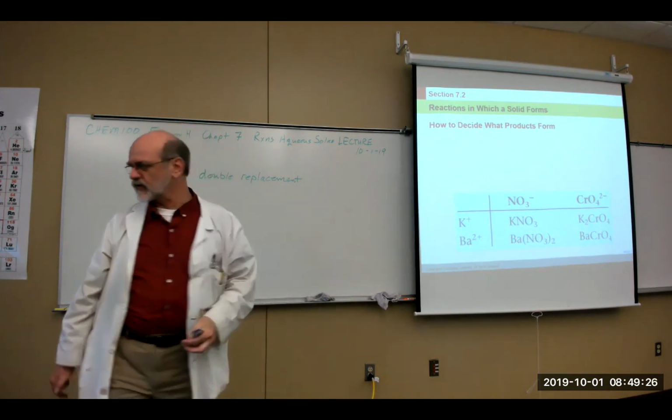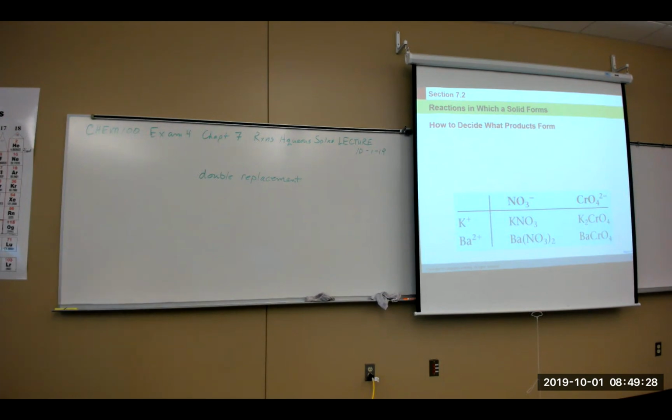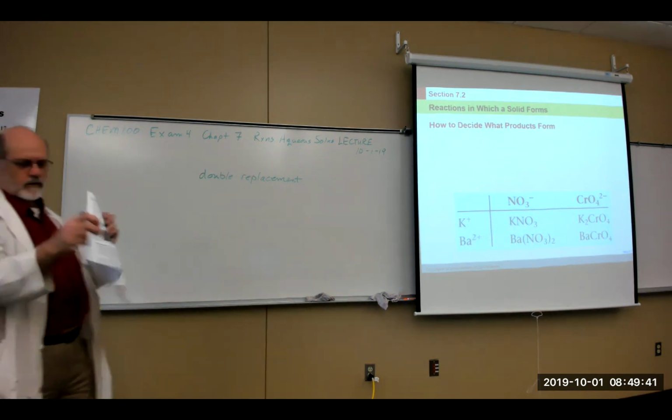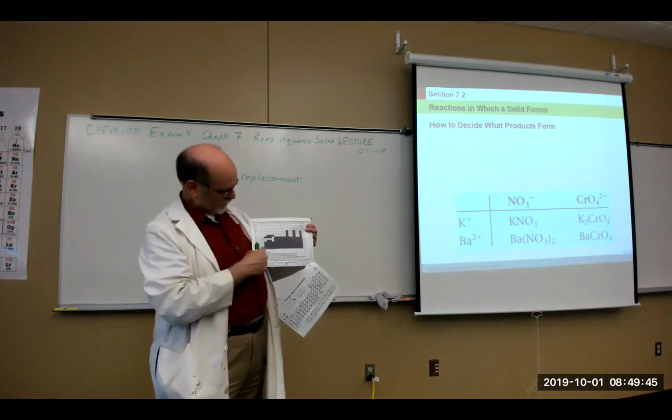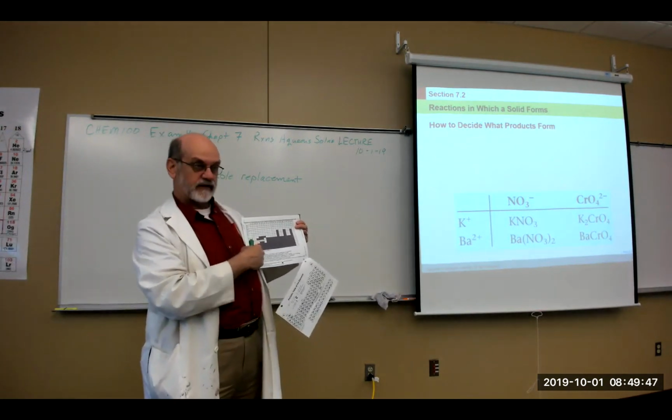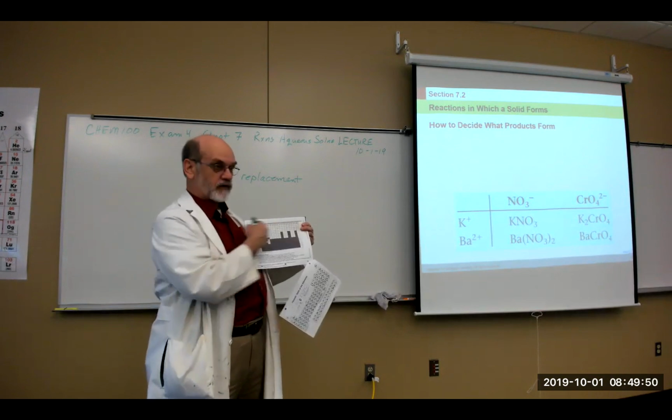And I have a chart, I think. It's probably in that review document. Yeah, here it is. It looks like this, right there, with clear squares and gray squares. Down one side, here are the anions, the negative ions, and the positive ions across here.